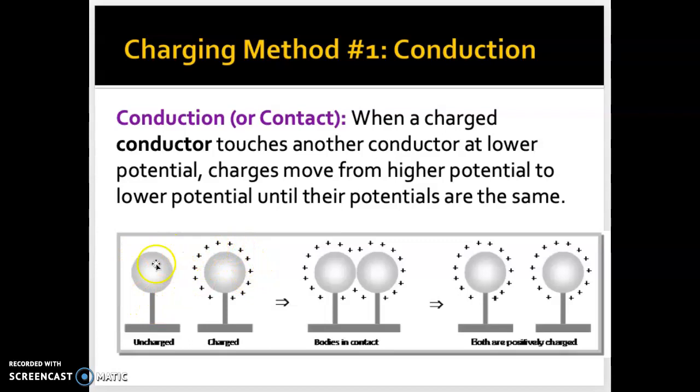And not all the electrons flow, so this is still going to be excess positive. It's just going to be a little bit less positive. So this picture is a little misleading, because it looks like it's the same positive as the original, but it's probably half the amount of charge, because it's split between two.